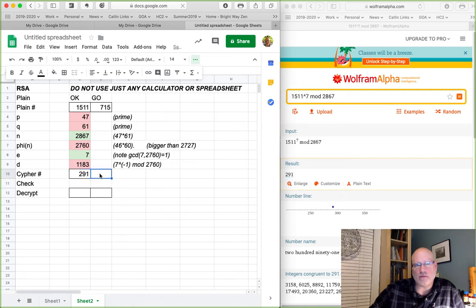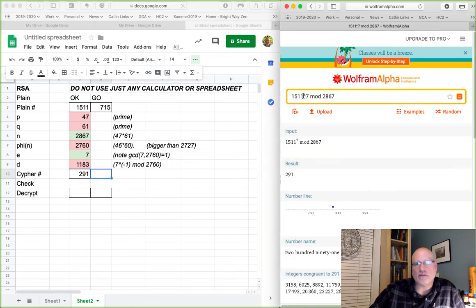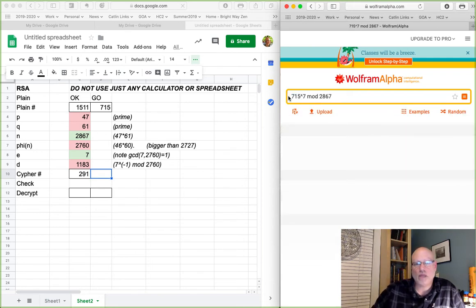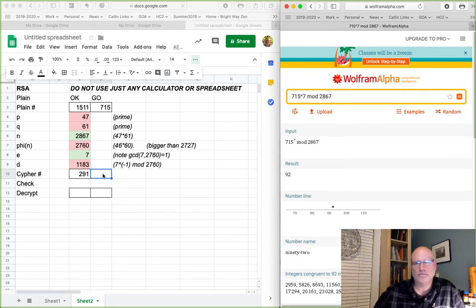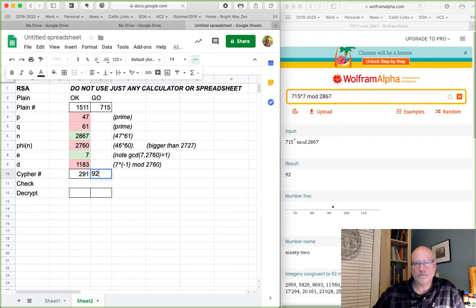And then I can do the same thing for 715, so I go ahead and replace that with 715, hit enter, wait for it to calculate, 92, okay? So there we go, and somebody would basically give you that information.